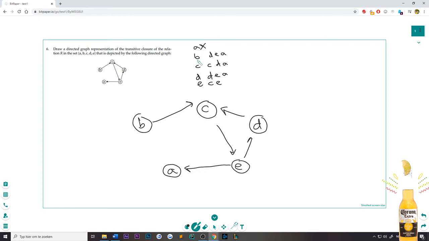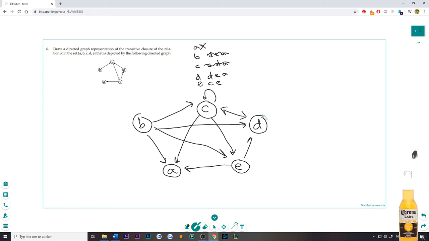So now we add the transitive arrows, so we have B to D, we have B to E, and we have B to A. Then we have C to C. We have C to D. And we have C to A. Then we have D to D, D to E, and D to A. And finally we have E to C, and we have E to E.